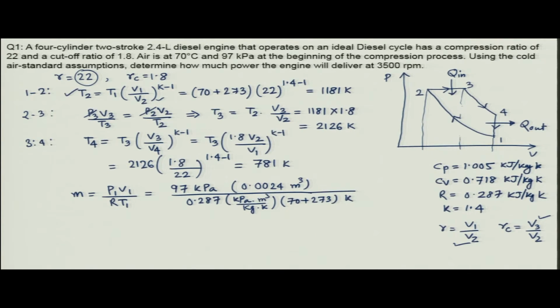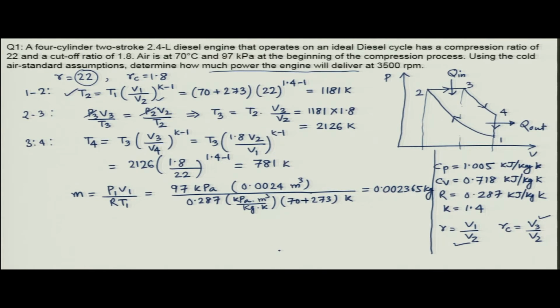So, we can find the mass of air that is operating in this cycle, and this is 0.002365 kg. Okay. So, that is the mass. Now, what we have to find is how much power the engine delivers at 3500 rpm.